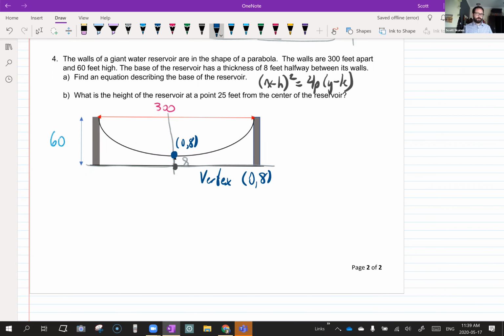And I'm not going to do the full thing, but I will note that if we know this is 300, then we know half of it over here, like we always do. We know that this distance is going to be 150, and the height up is 60. Okay, so we have kind of everything we need now. We have our vertex, and we can find 4p because I've been given another point. Okay, same process as before. You can try the rest yourself.